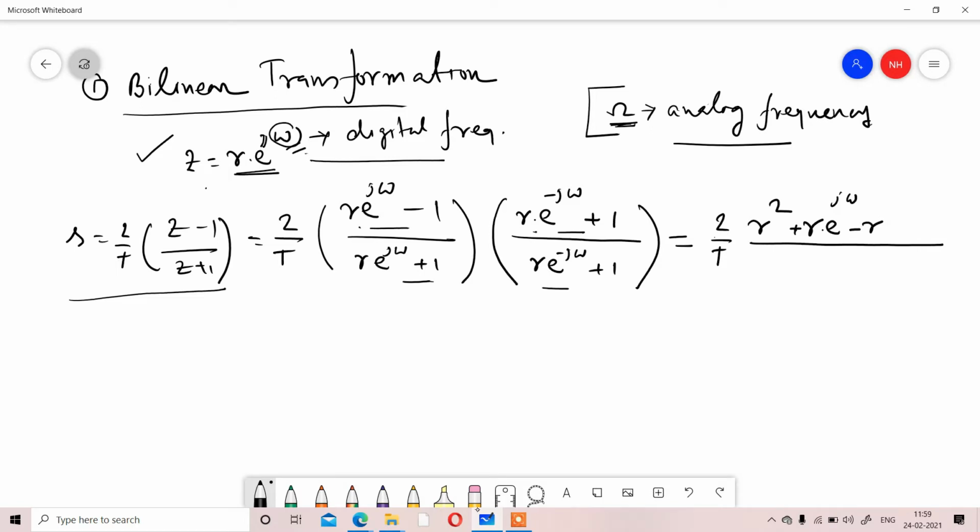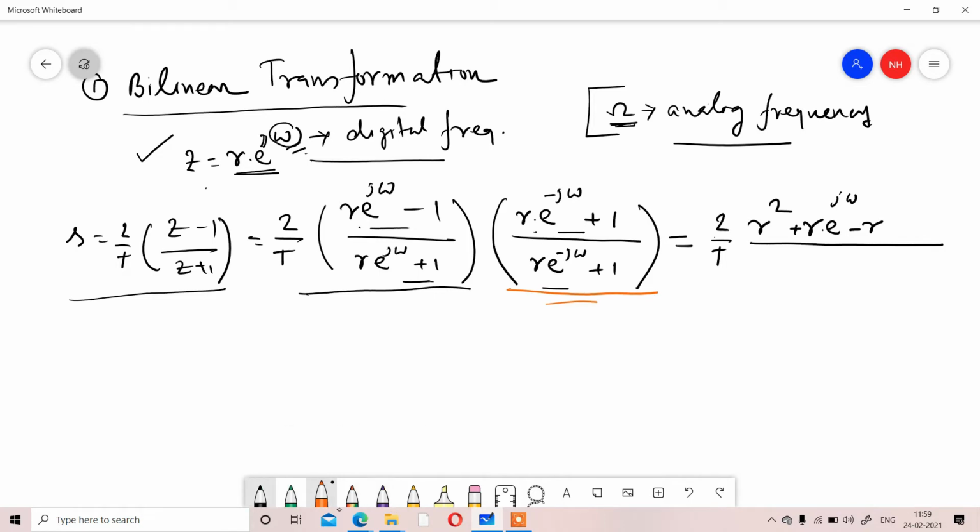If we do that, we get the first value, and we multiply it by another parameter, (r e^(-jω) + 1)/(r e^(-jω) + 1). If we cancel out, this parameter will be 1, so the original result will not be affected.